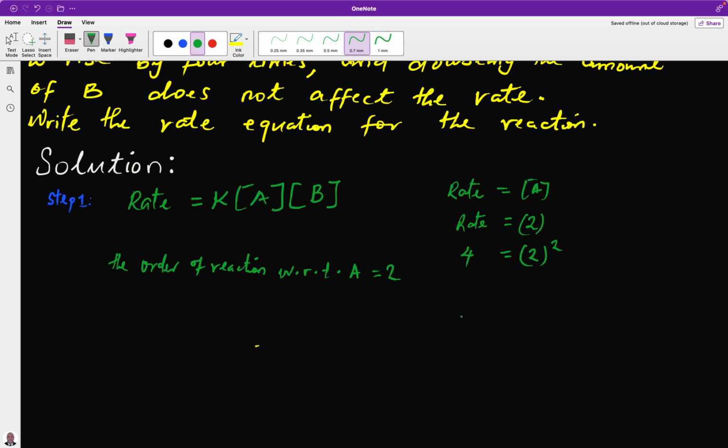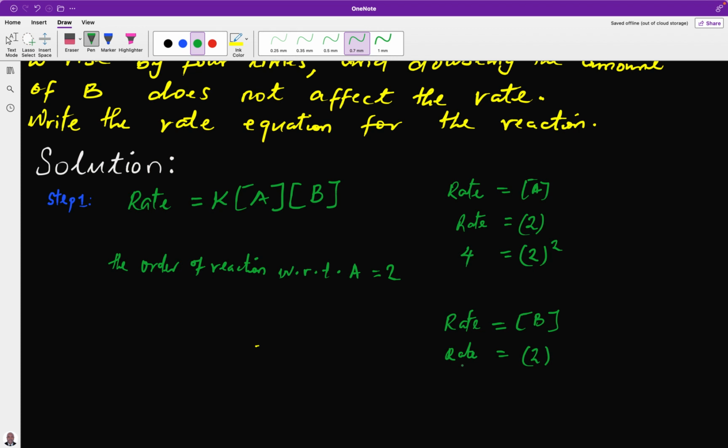Okay, let's go again. This is rate, which is equal to the concentration of B. If we now double the amount of B, let's say 2, it does not affect the rate.